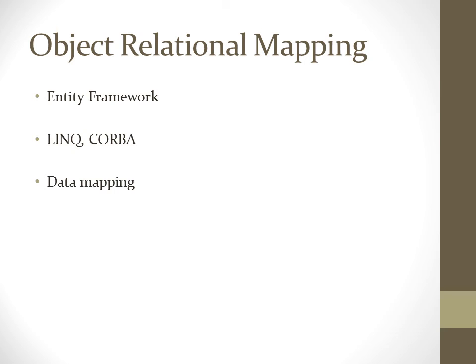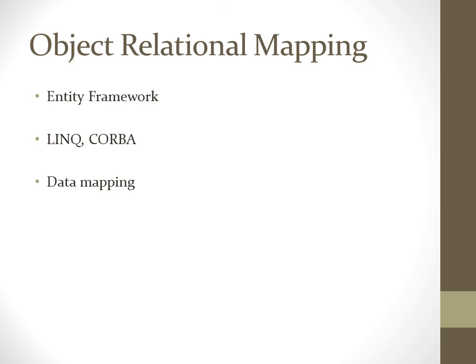Two other frameworks we have here are LINQ and CORBA. These are not object relational mapping systems, but they are often used in relation to an ORM to perform operations on data that came from a database management system. So LINQ and CORBA allow you to perform operations a lot similar to the SQL transactional language.